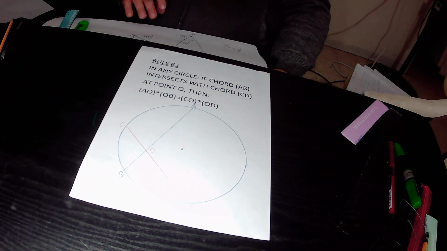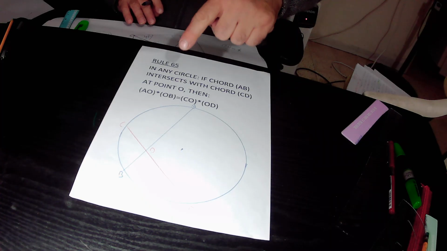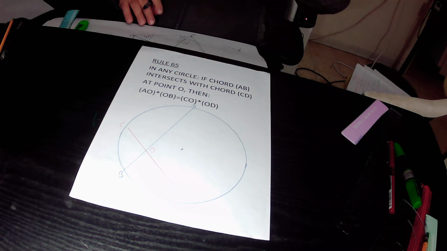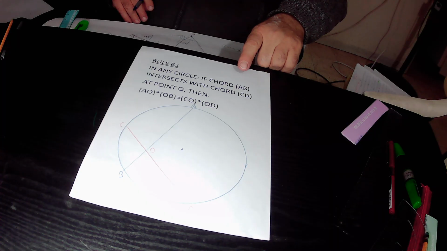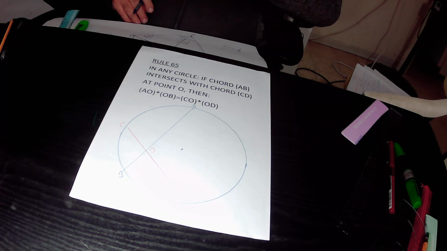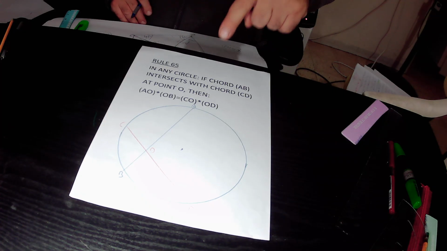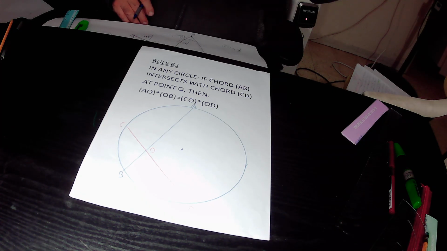Rule 65 is true in any circle, so this circle could be any circle. In any circle, if chord AB intersects with chord CD at point O, then the following equation is true. AO times OB equals CO times OD.